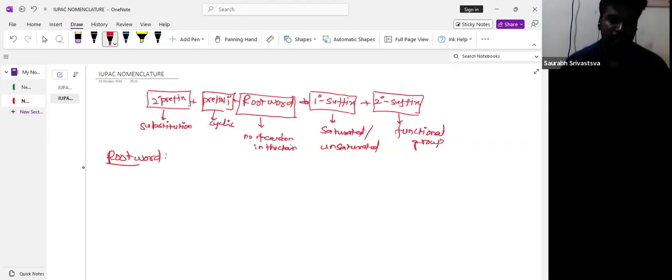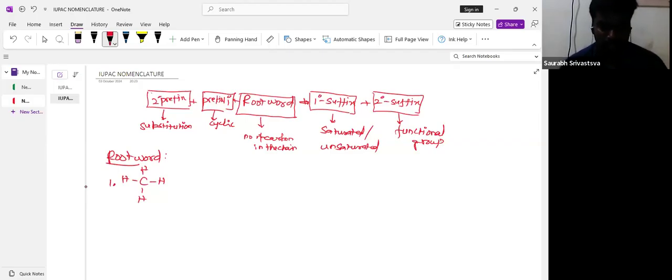First, one carbon: the carbon valency is 4, so around the carbon 4 bonds should be there, and all the bonds are connected with hydrogen. It should not be connected with some other element; if it is, then it is not a hydrocarbon. Only hydrogen and carbon should be there.